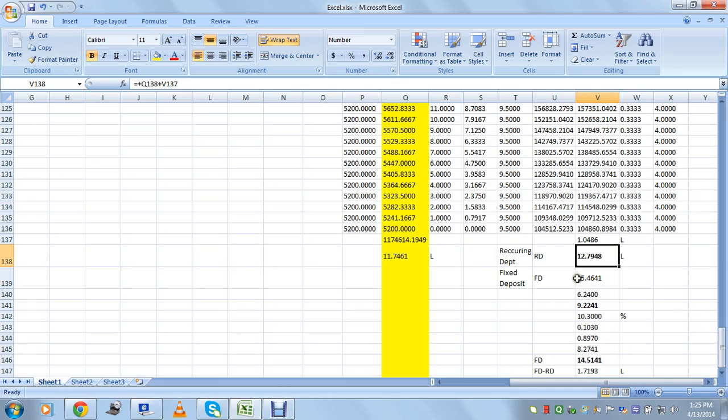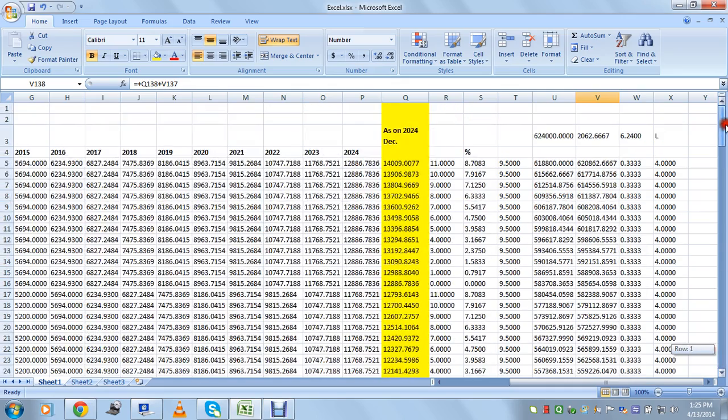But instead of that, what would be your amount if you had just kept this amount in a fixed deposit and not touched it for 10 years?